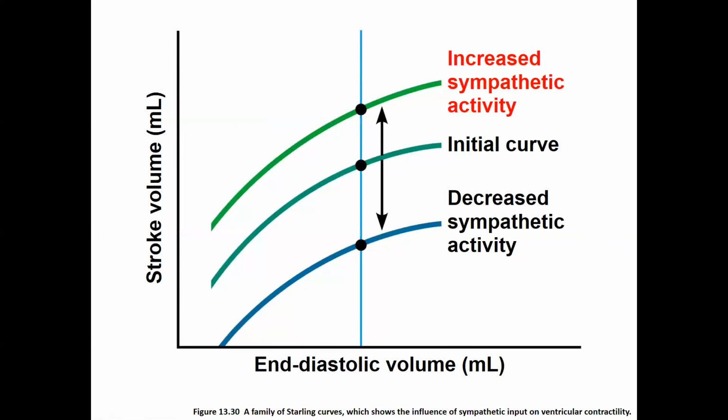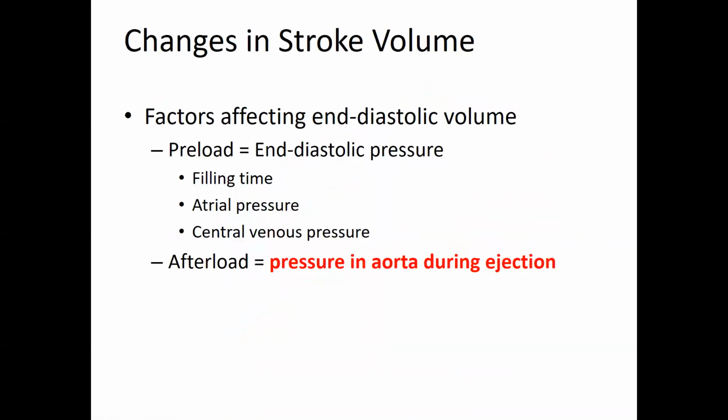So this graph tells us two things mainly. That sympathetic activity increases the stroke volume independently, and then end diastolic volume increases the stroke volume independently as well. Meaning that even if you kept the volume the same and you increase the sympathetic input, you would also increase the stroke volume.